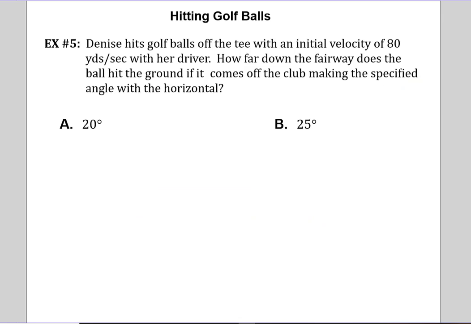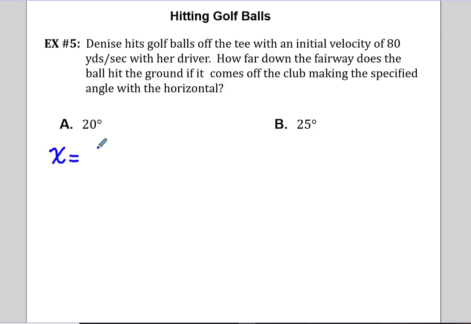And then here's our last example. Denise hits golf balls off the tee with an initial velocity of 80 yards per second with her driver. How far down the fairway does the ball hit the ground if it comes off the club making a 20-degree angle or a 25-degree angle? So in either case, we need to have an equation.